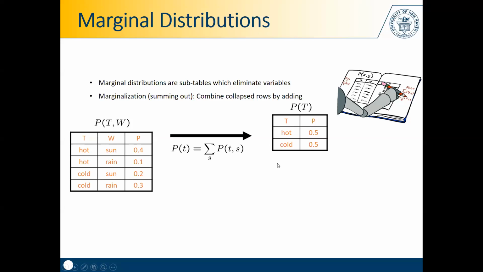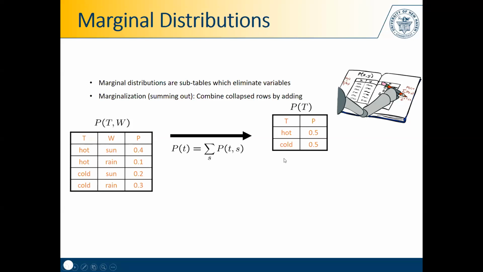They are hot and cold. The probability of hot is the sum of these two probabilities: 0.4 plus 0.1 gives us 0.5. And the probability of cold is the sum of these two probabilities: 0.2 plus 0.3 gives us 0.5.